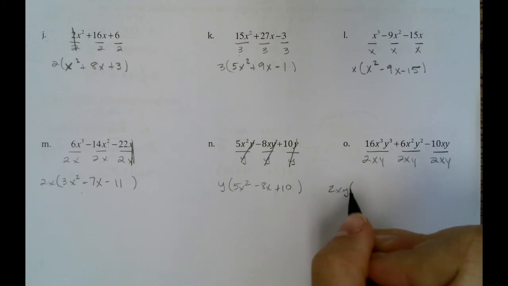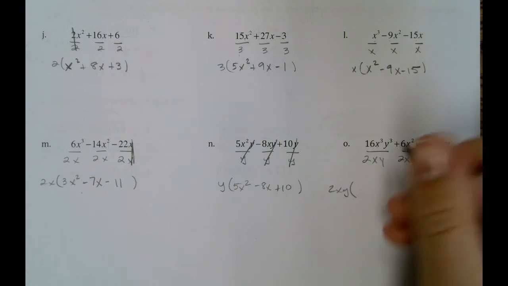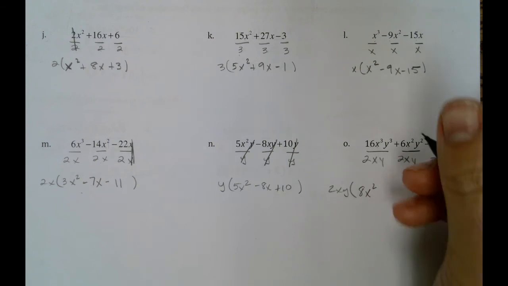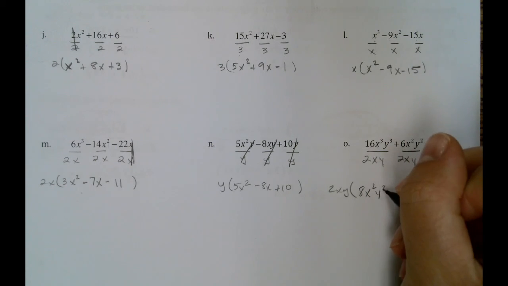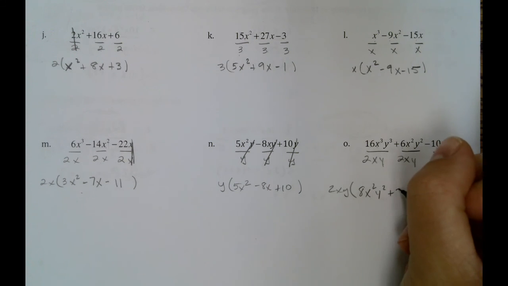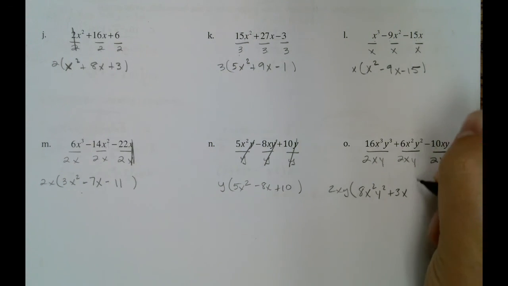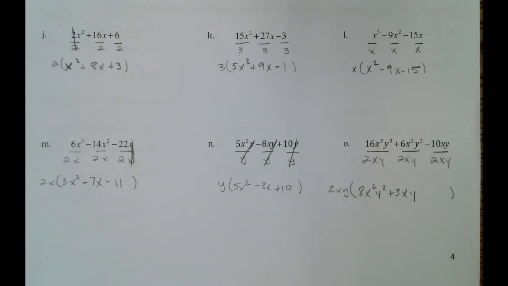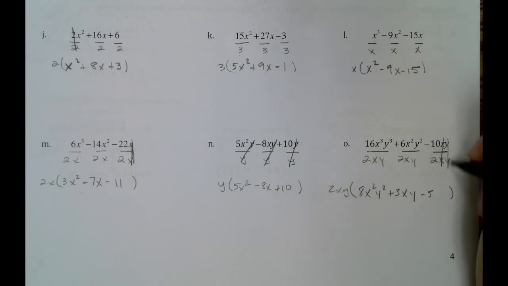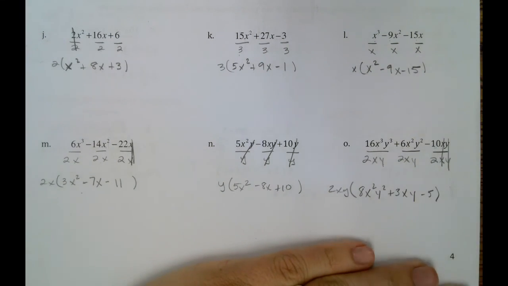So our 2xy will come out front for our GCF, and now we can divide. 16 divided by 2 is 8, x cubed over x, x squared, y cubed over y, y squared. 6 divided by 2 is positive 3, x squared over x, there's an x left, y squared over y, there's a y left. Negative 10 divided by 2 is negative 5, x's cancel and y's cancel. So that is all we have left for letter O.